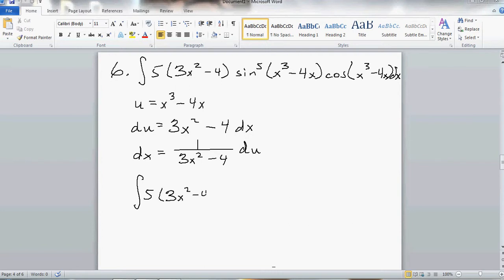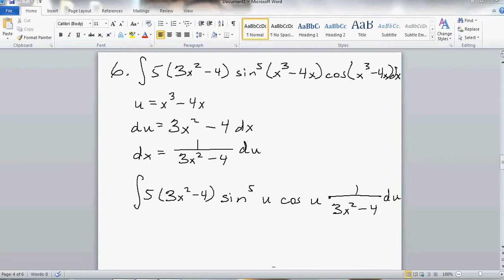Realize it's nice to see that because it is going to eventually disappear. Then we get sine to the 5th of u, cosine of u, and then for dx, we're going to put in 1 over 3x squared minus 4 du.